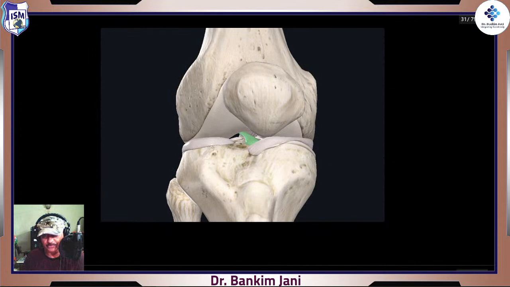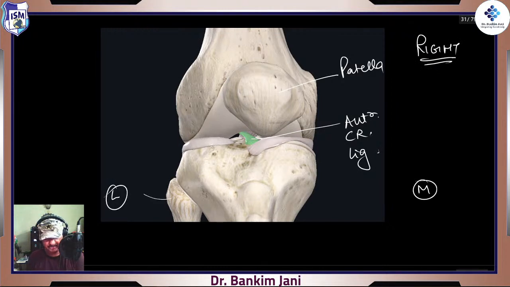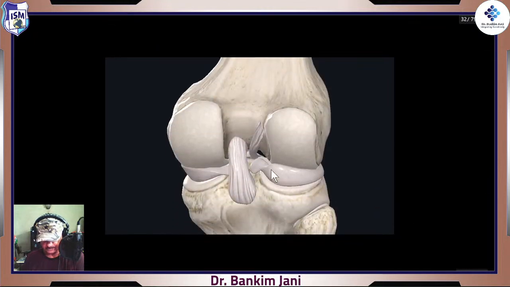So a few images, right? This is no doubt the patella, and that one is our anterior cruciate ligament. And we are dealing with the right side, so this is medial, this one is lateral, right? Here it is.